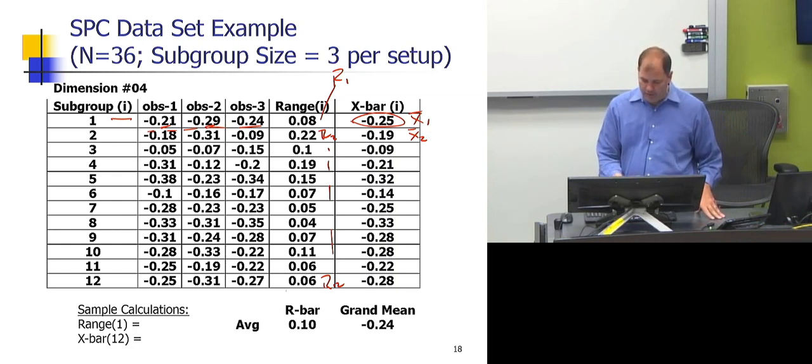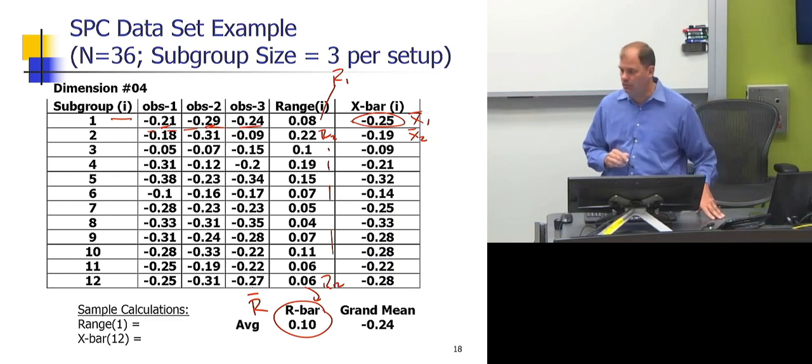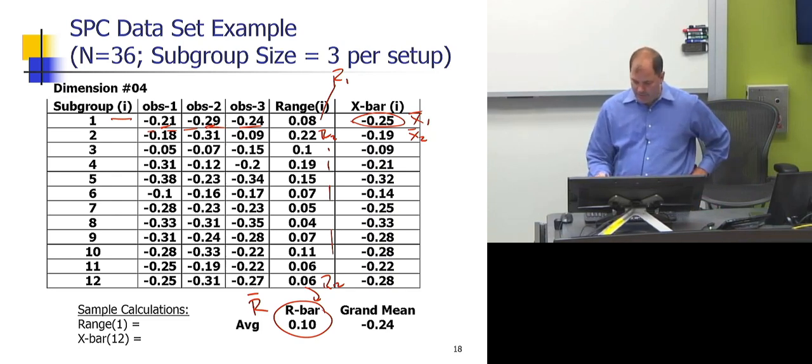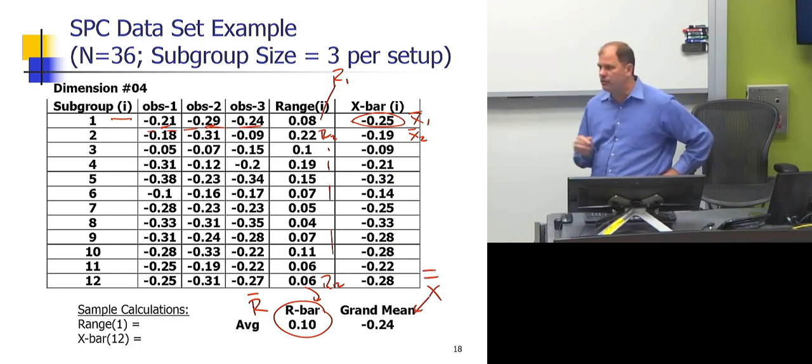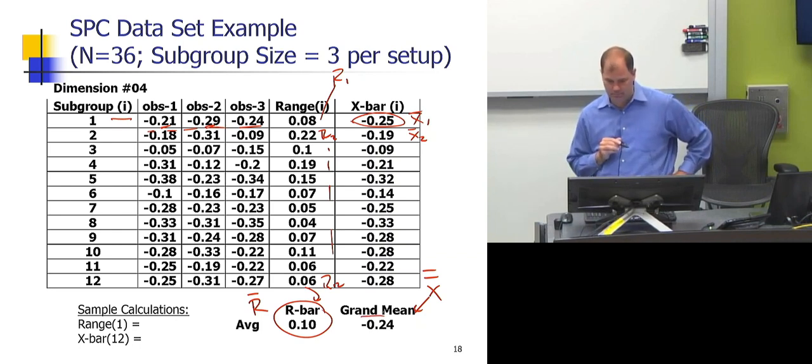If I have a bunch of R's, I can compute the R bar. That's the average of the R's. If I have a bunch of X bars, I can compute the X double bar. That's the average of all the X bars. Also can call that the grand mean. On a control chart, those numbers are going to be center lines or control limits.